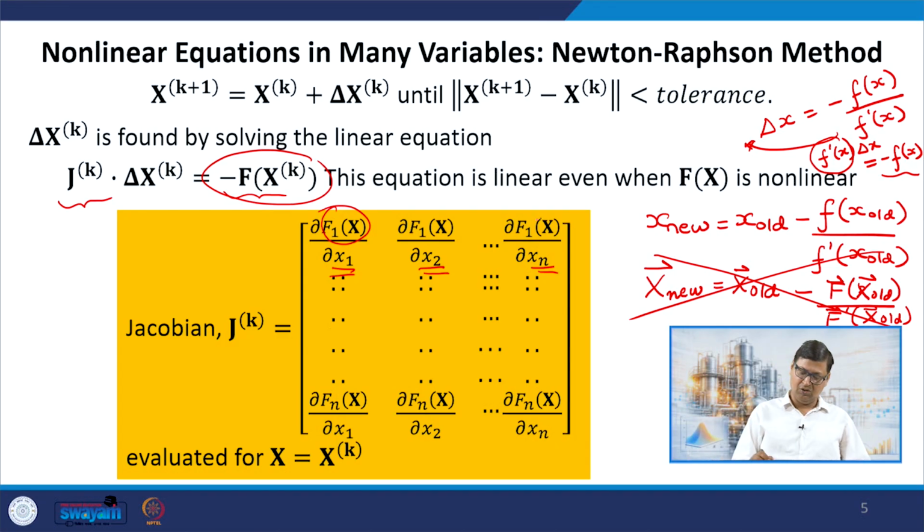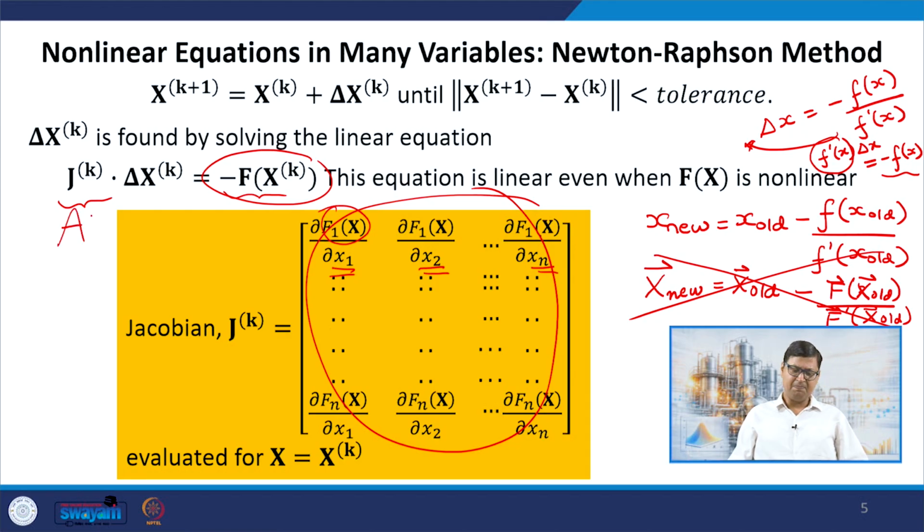So I know all the derivatives, provided I know the expression of the derivative, I can plug in the value of x and I can get all terms of the Jacobian, and they are therefore going to be constants, right? So this is going to be a constant matrix now. The function vector also is evaluated for the old values of x. So this also becomes a constant vector, right?